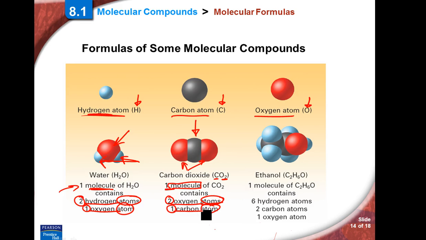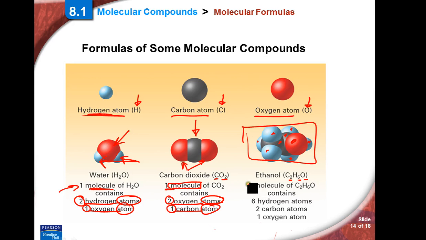So if we look at a slightly more complicated one, we have this ethanol that's over here. Notice its formula says C2H6O. So you notice in your drawing you have two carbons, the black ones, here and here. You have 6 hydrogens, 1, 2, 3, 4, 5, 6, and then you have an oxygen here in the middle, the red one.